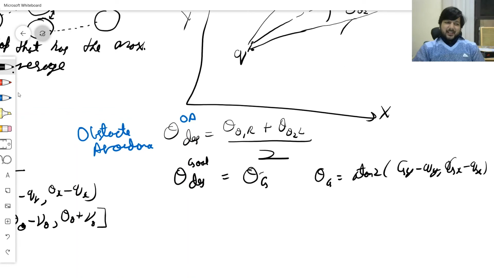You've got the obstacle avoidance behavior and you've got the goal seeking behavior. And therefore let us do one thing. Let us take the weighted addition of both of them.